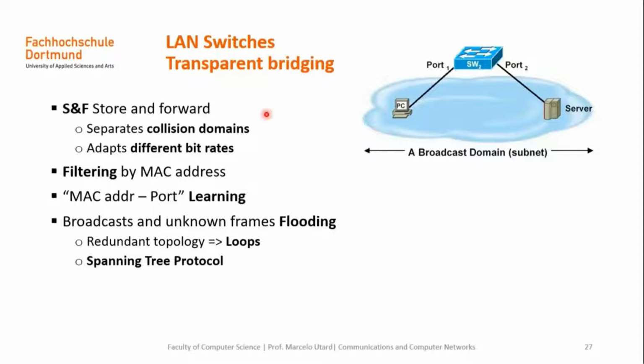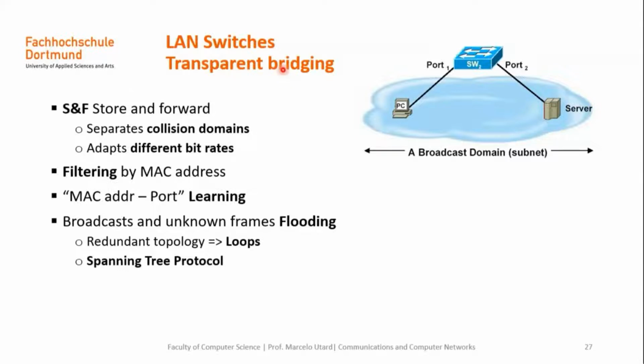Then we were talking about switching or LAN switches. That is, LAN switches are those devices that perform switching functions or bridging functions. In fact, we call that kind of forwarding technique transparent bridging.